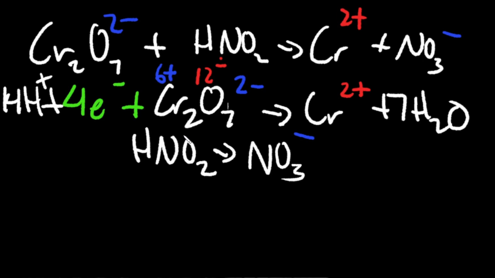So in this equation, it would be 3 plus for the nitrite, and 5 plus for the nitrate.